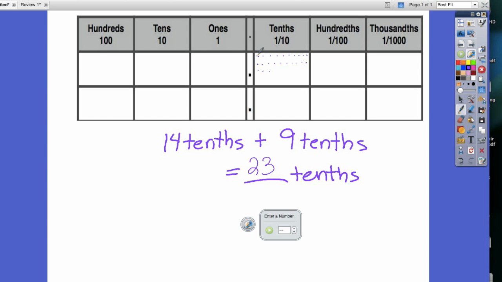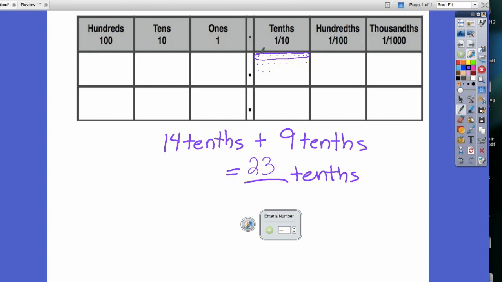If I were to count this, 1, 2, 3, 4, 5, 6, 7, 8, 9, 10. There's one row of 10. What could I do with those 10? What do you think? Move them to the hundreds.